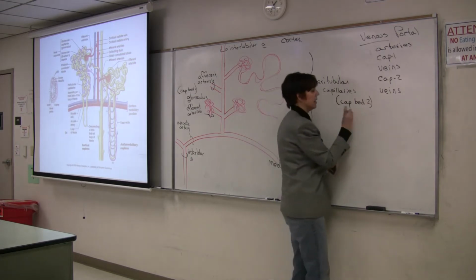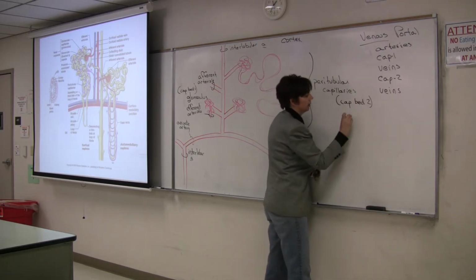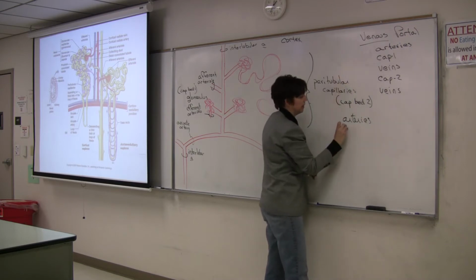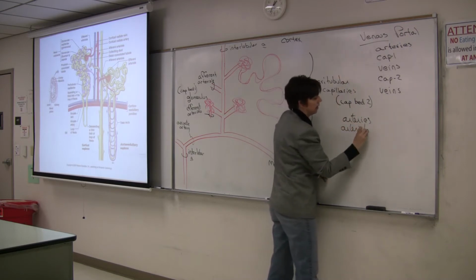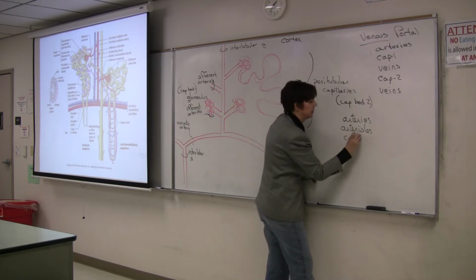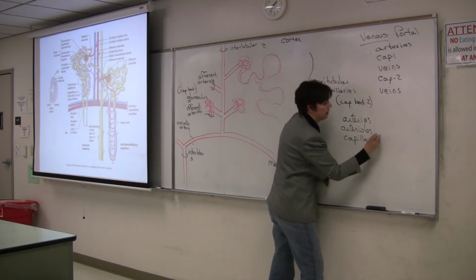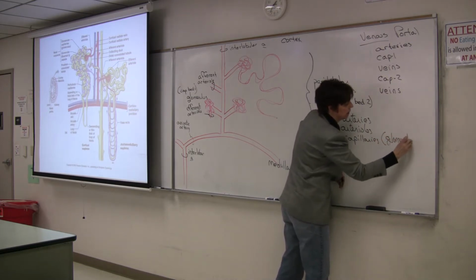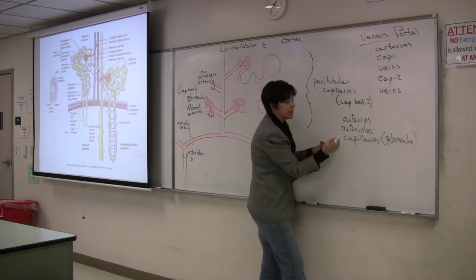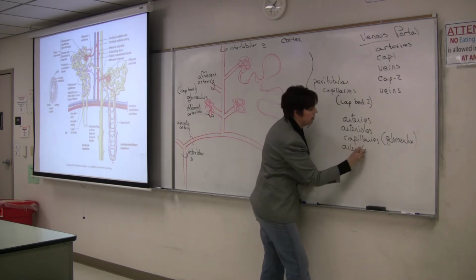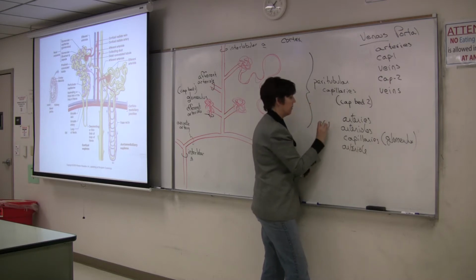In the kidneys, we have arteries. Obviously, we have arterioles here, but I'm going to write them in here. And then we have our capillaries, so that would be the glomerulus. Okay? And then instead of a vein, we would have the efferent arteriole. So here would be the afferent.